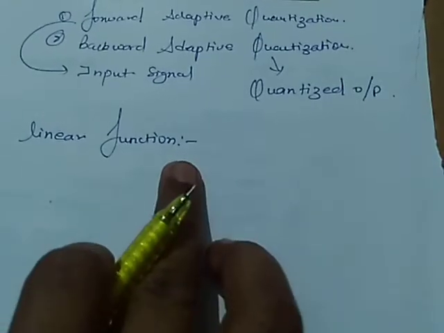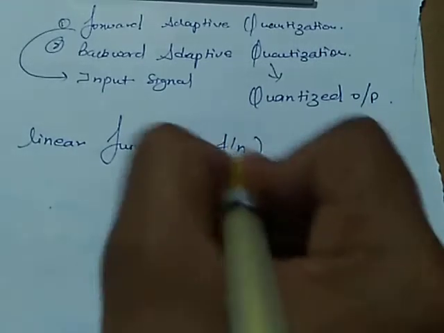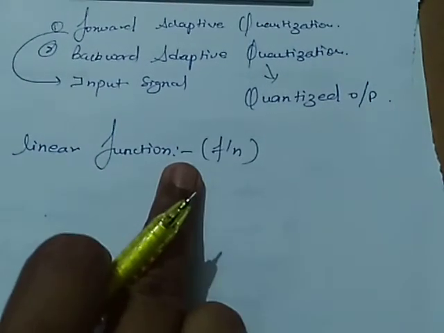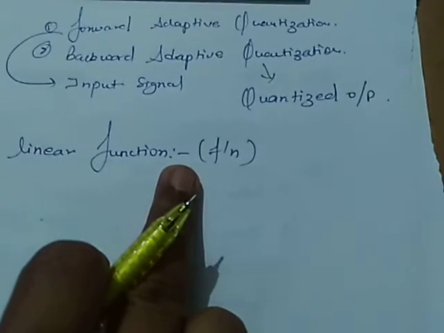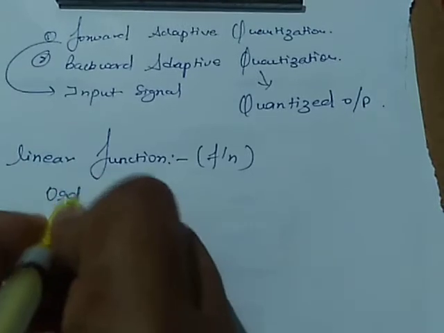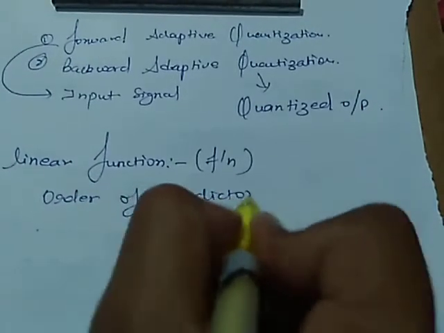As we know, the predictor is usually a linear function of previous reconstructed quantized values, as we have learned in the previous lecture on DPCM, represented by f dash n. The number of previous values used is called the order of the predictor.